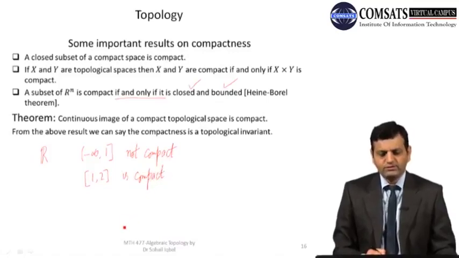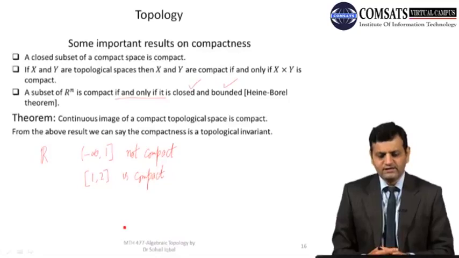Okay. So the continuous image of a compact topological space is compact. It's a very deep result. It says that compactness is a topological invariant.